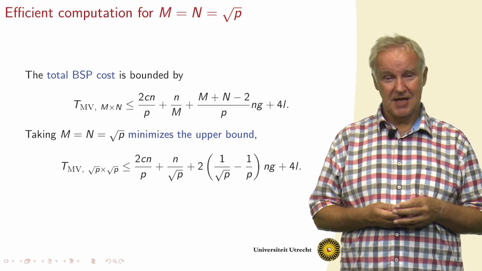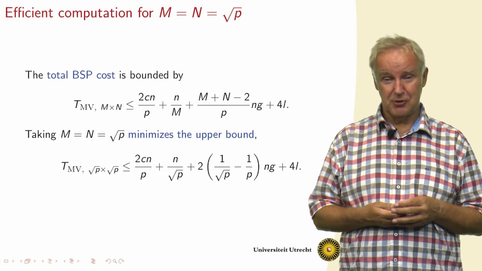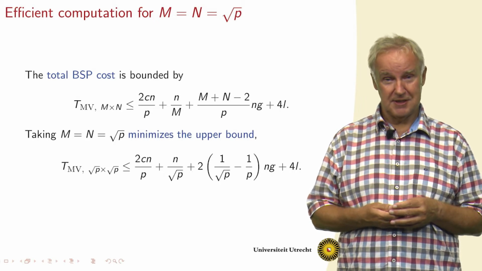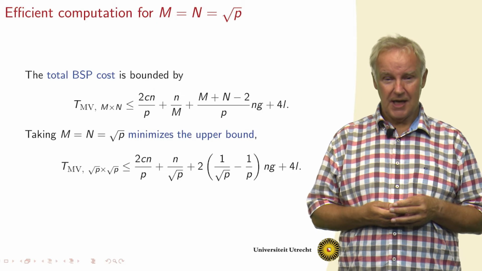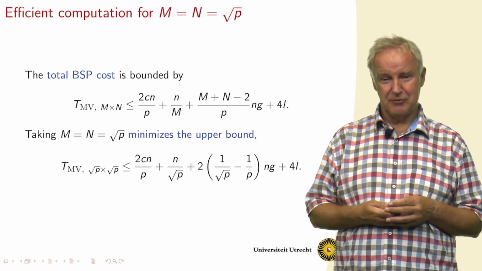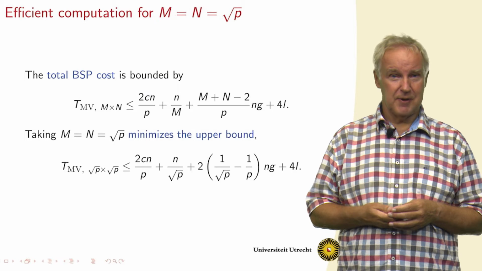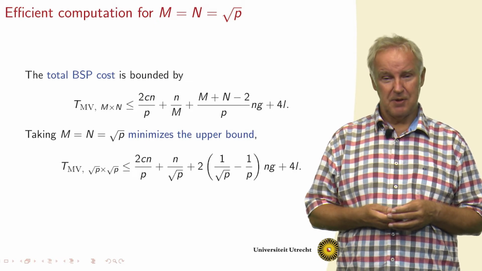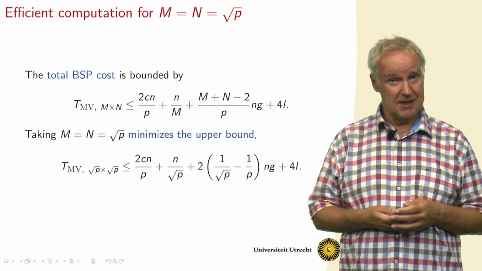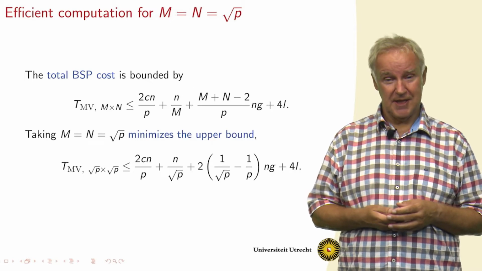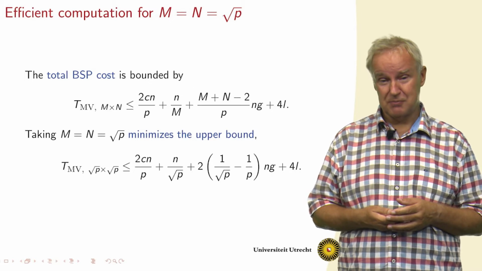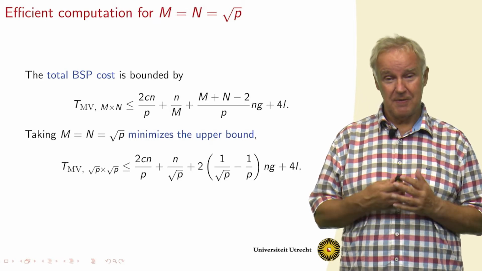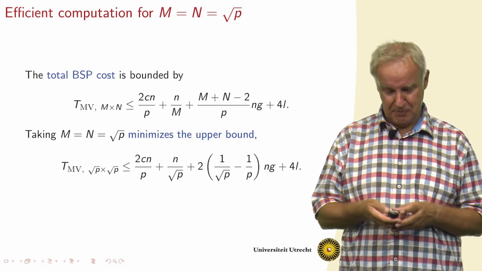And in this case, the communication term reduces to about 2 divided by square root p times n. And the other terms are not influenced by much, because we have a little bit of imbalance, n divided by square root p, but that's a lot less costly than the communication that we have. The number of supersteps doesn't change, and the first term, the main computation term, also doesn't change. So this minimizes our upper bound.